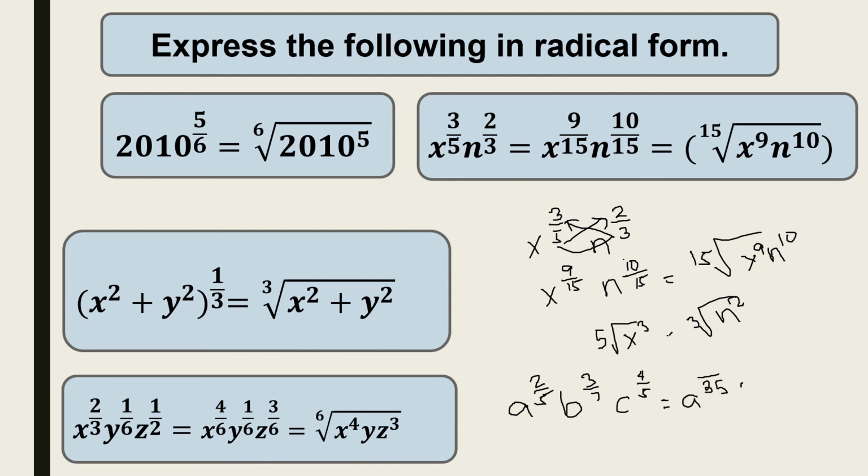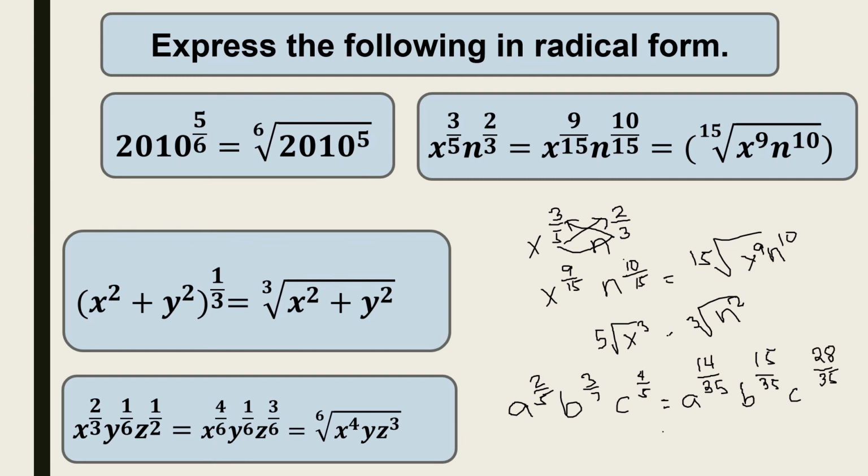Then we write A over 35, B over 35, C over 35. 35 divided by 5 is 7 times 2, that will become 14. 35 divided by 7 is 5 times 3, 15. 35 divided by 5 is 7 again, times 4, that will become 28.